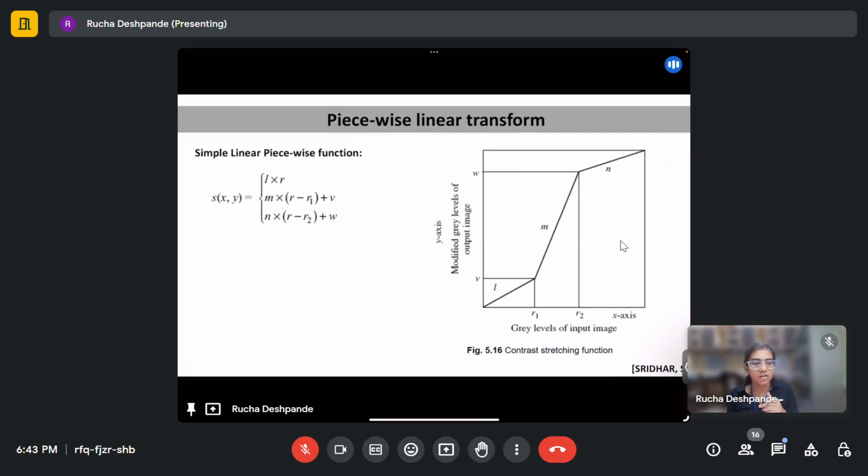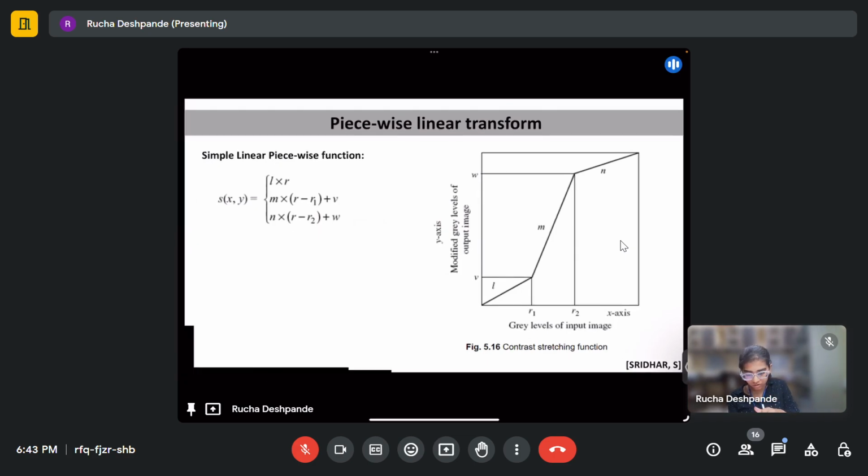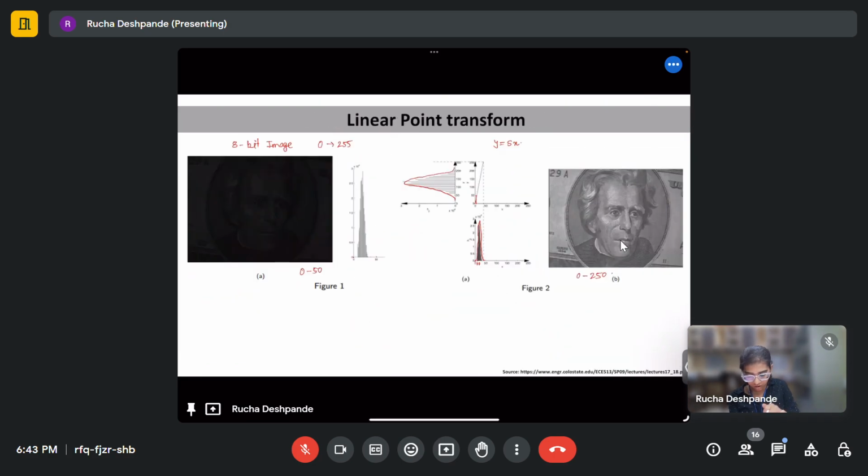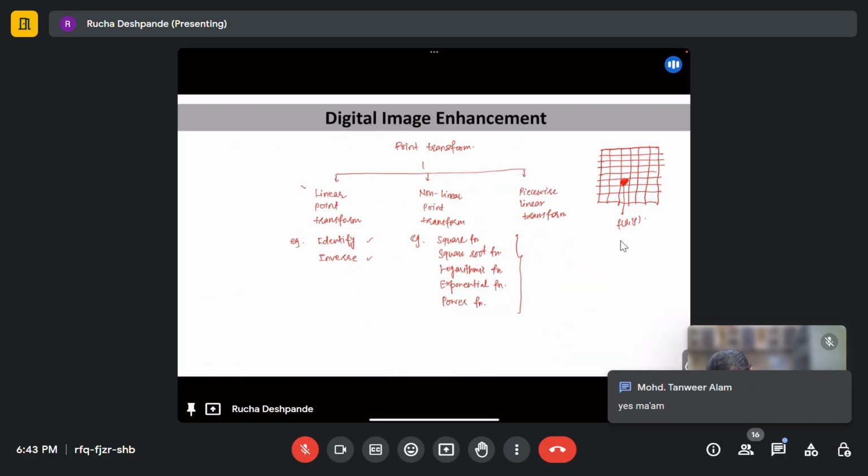So now non-linear point transforms are clear, right? Yes. Okay. So now we move on to piecewise linear transform. So let's go back to our previous figure. So yeah, we did linear point transform. We did non-linear point transform.